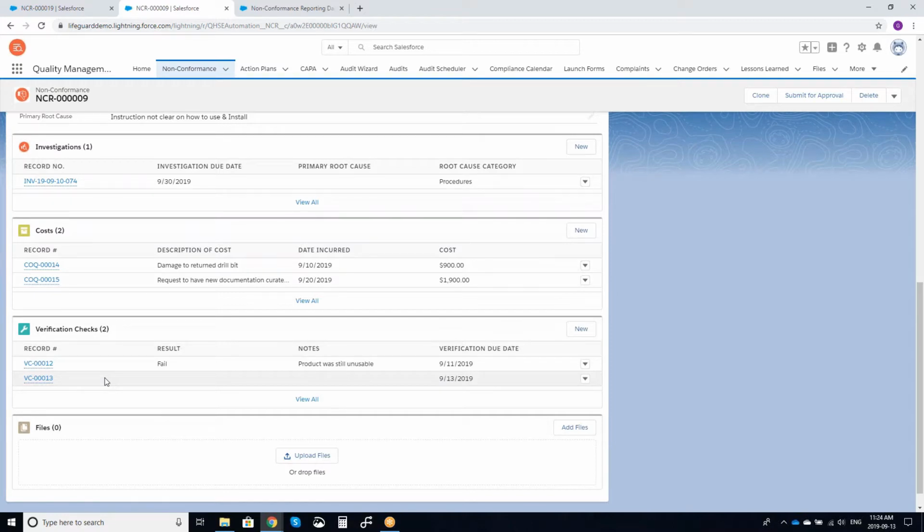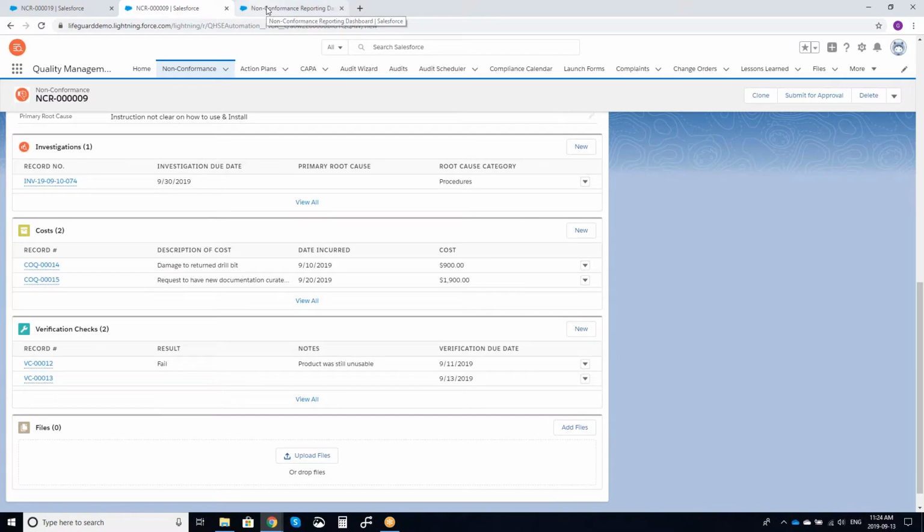You've already gone through the process of identifying what the issue is, you've gone through your investigation and identified your primary root cause. At this point, we've started to associate verification. Let's be sure that this never happens again. So you have the built-in verification checks with associated cost as well.